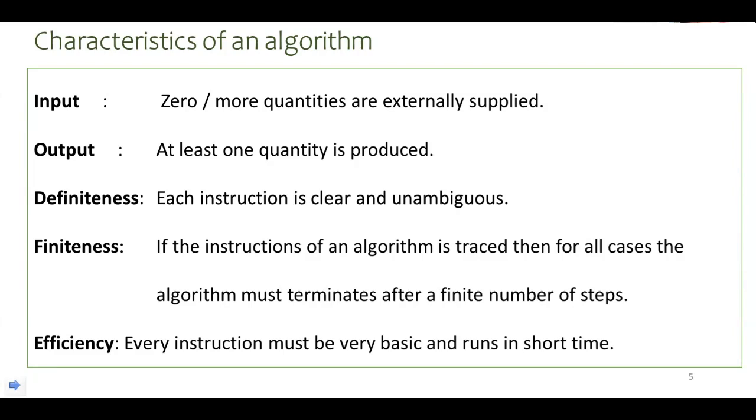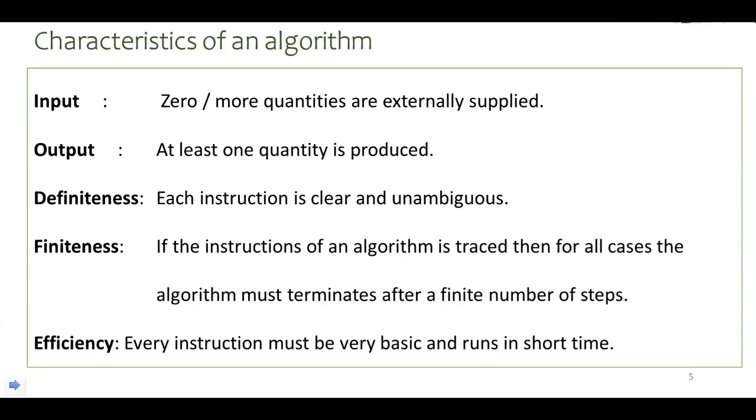Whether you give 5 steps or 10 steps or 15 steps or 20 steps, it must end somewhere. It cannot go on infinitely. So that characteristic we can simply call finiteness. And coming to efficiency: every instruction must be very basic and run in a very short time. Then only can we say your algorithm is efficient.